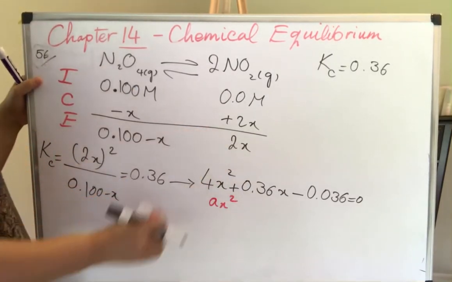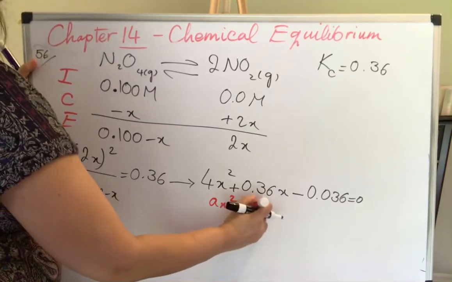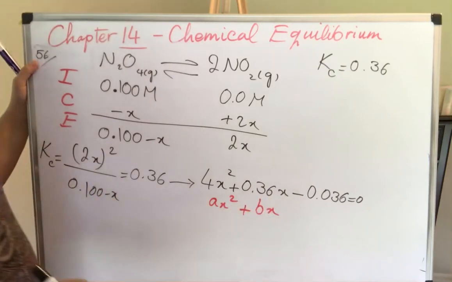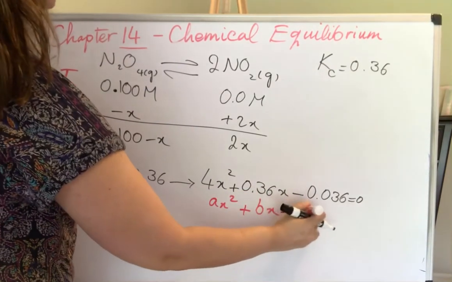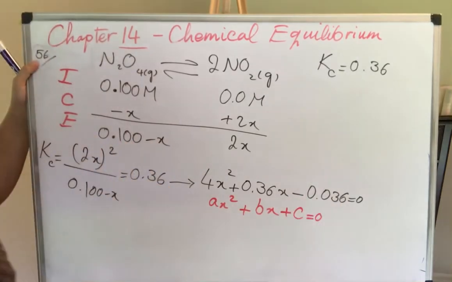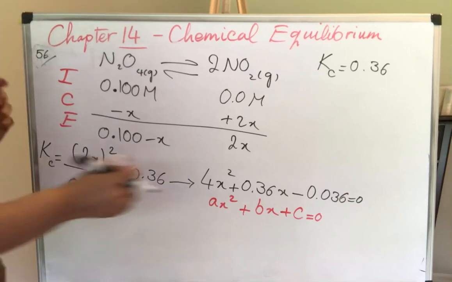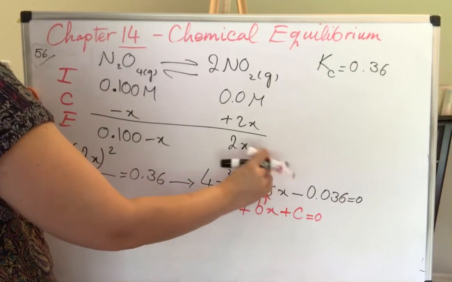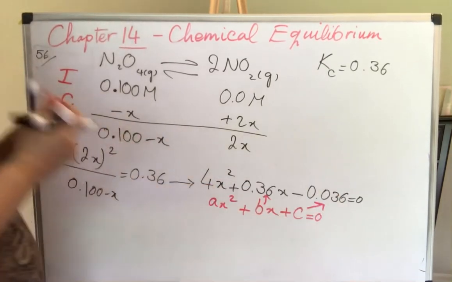This is a form of a quadratic equation, ax squared plus bx plus c. All right? So, what is b? This. What is c? This guy.